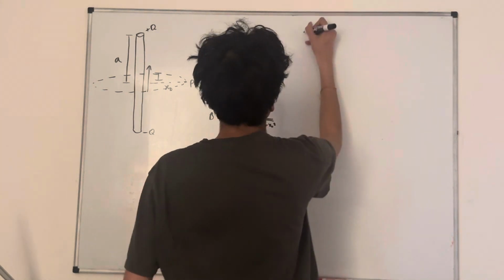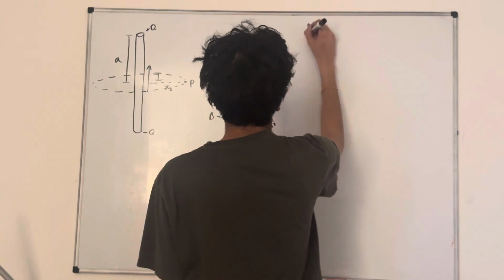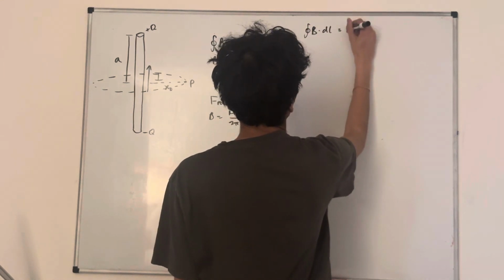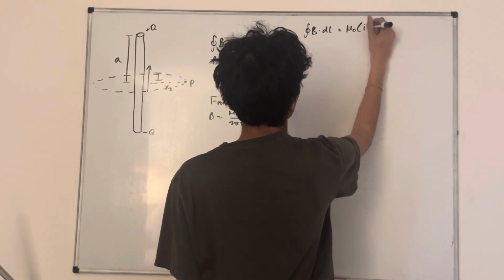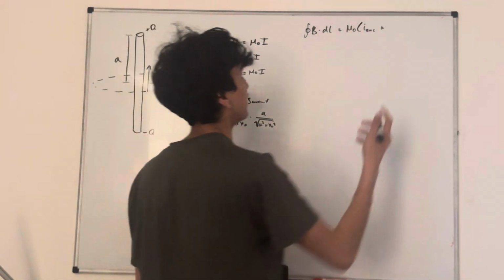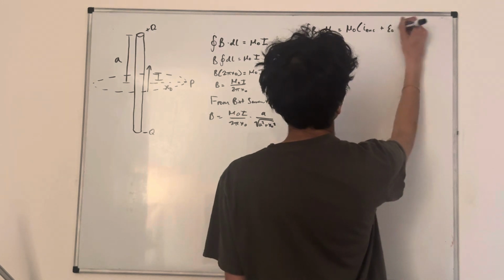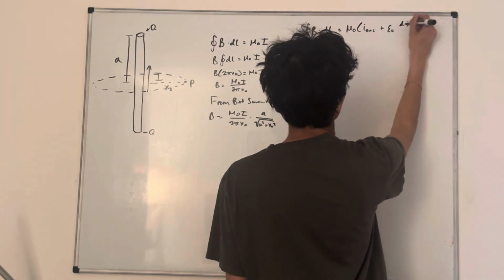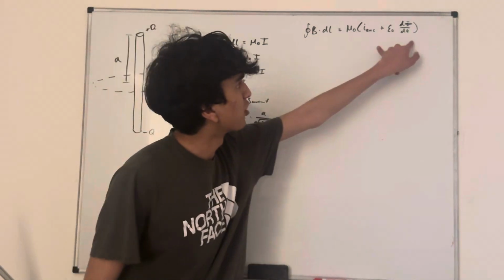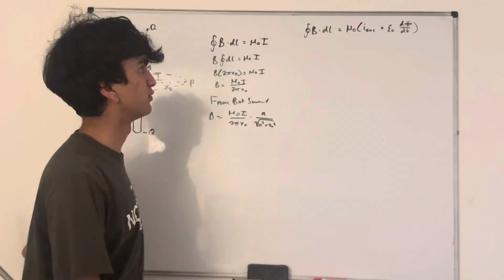So if we write out Ampere-Maxwell law, it's a very similar form, except now we have mu naught times I enclosed plus the displacement term, epsilon naught d flux dt. This is not really current, but Maxwell called it displacement current.